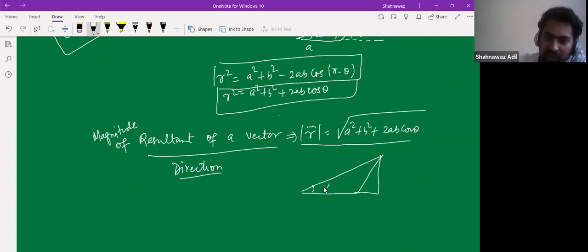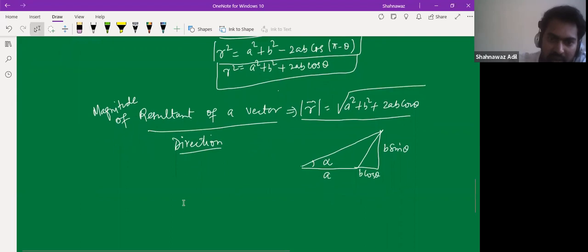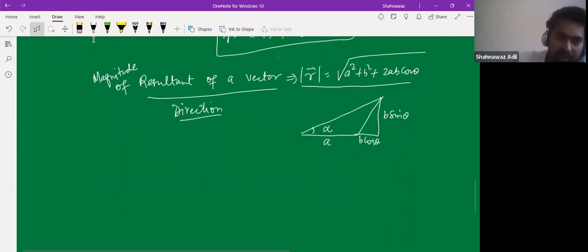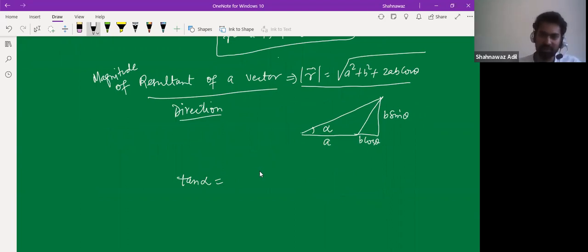So this is alpha, and this is B sine theta, and this is A, and this is B cos theta. Okay, so what will be tan alpha? Can anybody tell me what will be tan alpha? Tan alpha will be perpendicular upon base. What is the perpendicular for this angle alpha? It is B sine theta.